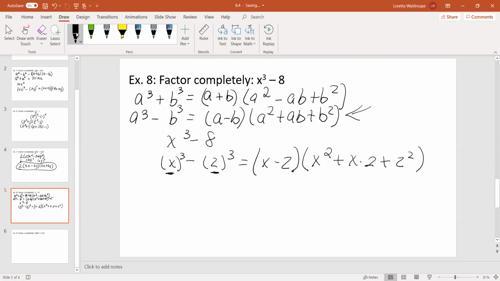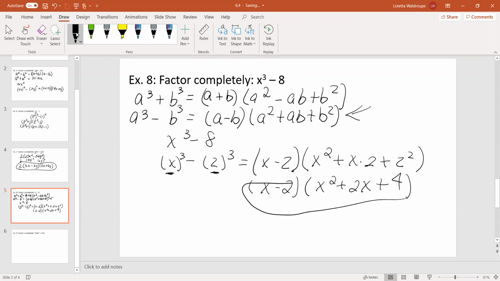Since there was nothing in common to begin with, this trinomial will not break down anymore, but we can simplify it. We don't say x times 2, we write that as 2x. And then 2 squared is 4. And you're done.